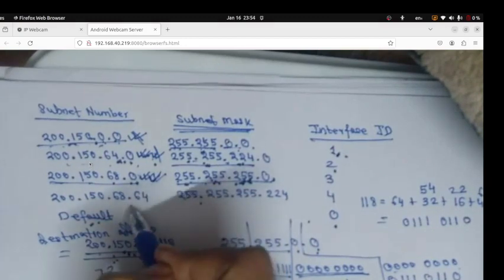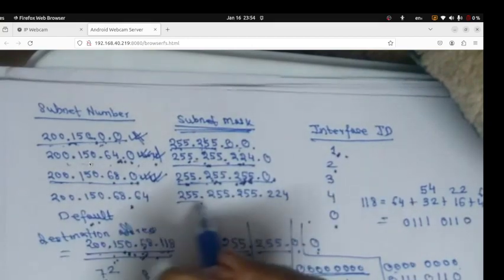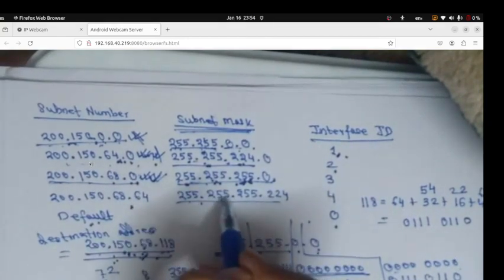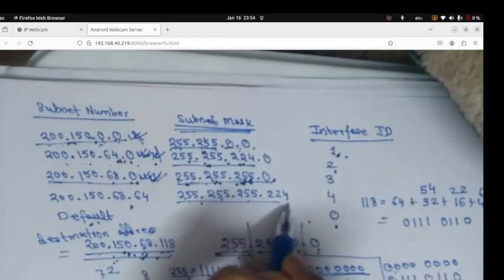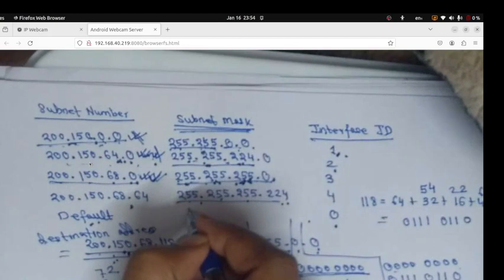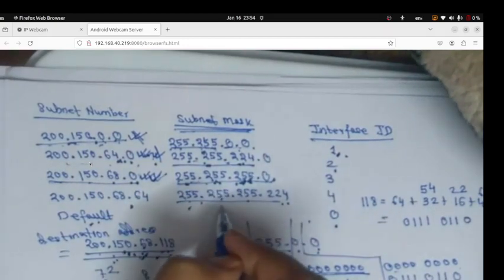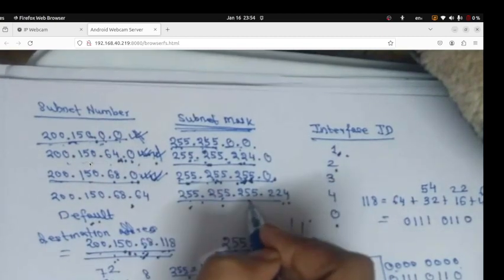Still I have to compare with this particular entry. Now here the mask is 255.255.255.224. So what is its binary equivalent? 255 means 8 ones. Then the second octet 255, another 8 bits. Third octet 255, another 8 bits.